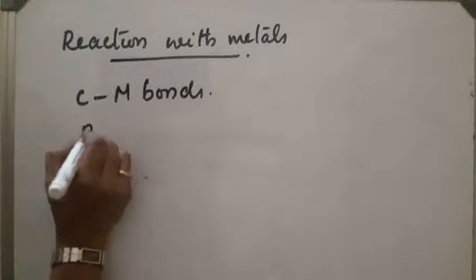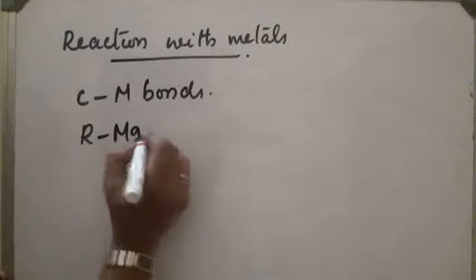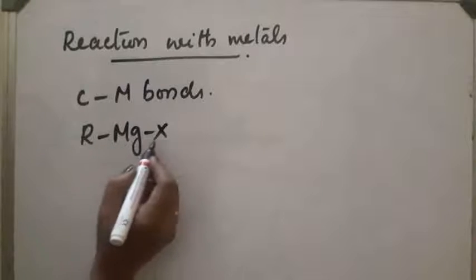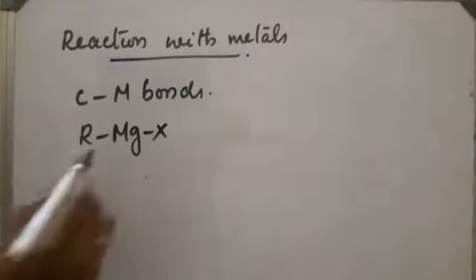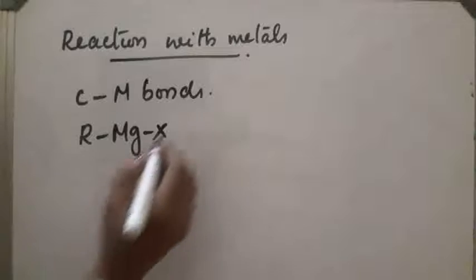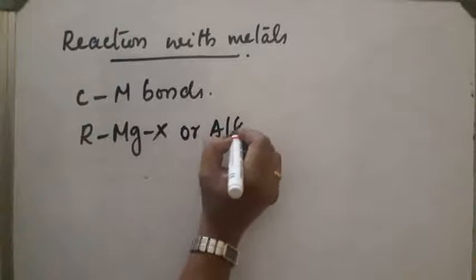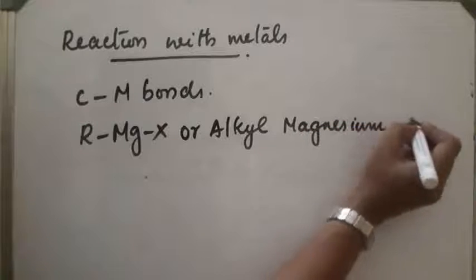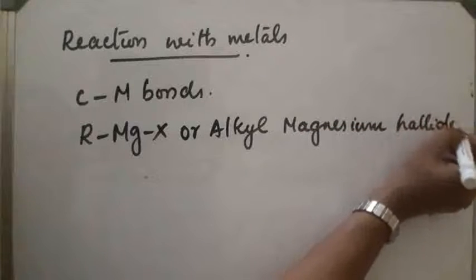R is an alkyl group such as CH3 or C2H5, and Mg is magnesium, a metal, so there is a C-Mg bond. So a class of compounds discovered by Victor Grignard is called Grignard reagents, for example RMgX, or alkyl magnesium halide.